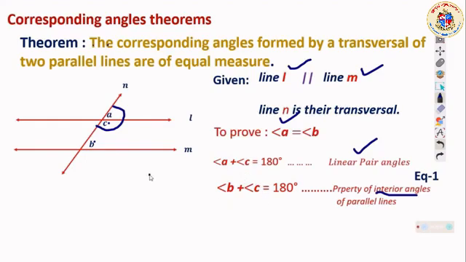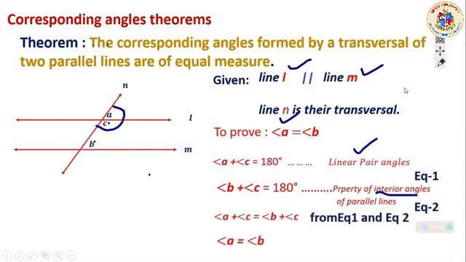If A plus C is 180 and B plus C is 180, it tells us that angle A is equal to angle B. From equations 1 and 2, we can straight away write that angle A is equal to angle B, which is nothing but what the corresponding angles theorem tells us.